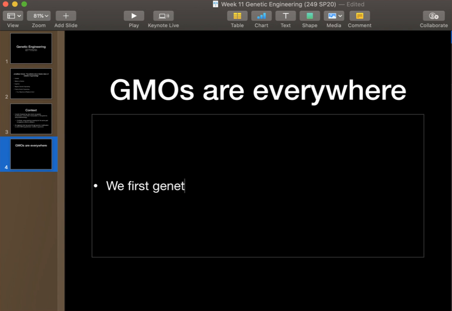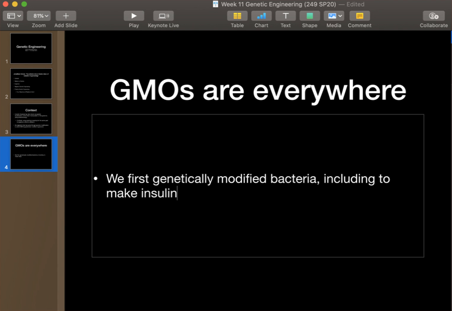We first genetically modified bacteria, including to make insulin. We just turn bacteria into our slaves, putting genes into these bacterial cells to basically turn them into factories to make insulin for us, and then we collect the insulin. And when was this? About 1982, not that long ago.